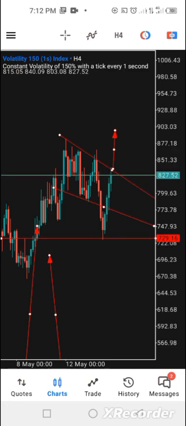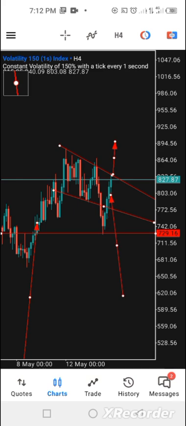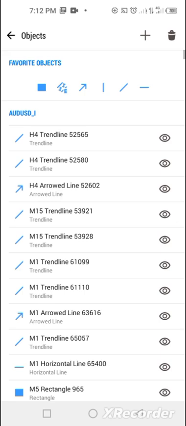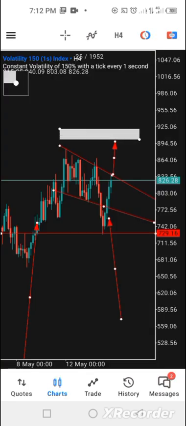Now, the first TP of this setup right now is here, where I'm putting this shadow zone. If I'm taking a buy trade here, my first TP will be here, because on getting here, it will have to reverse down to do a retest.